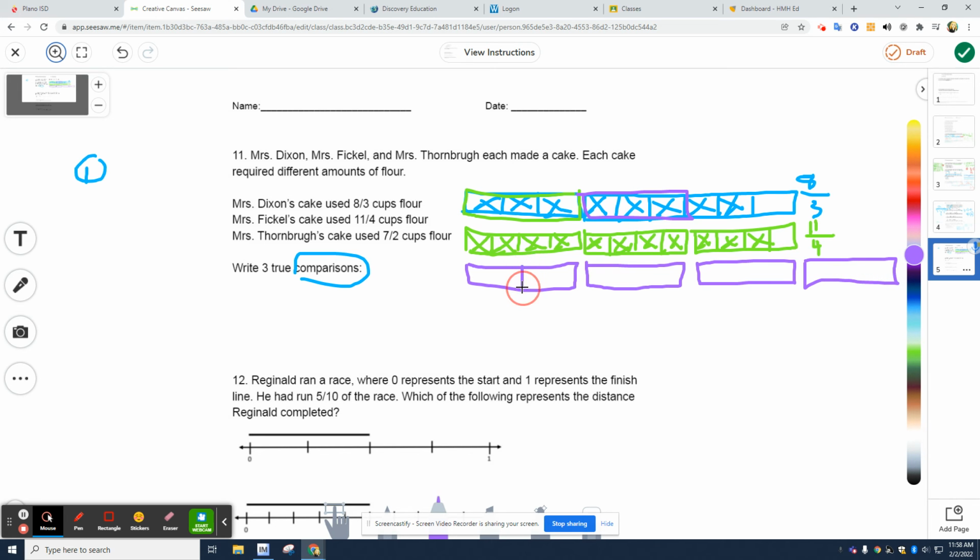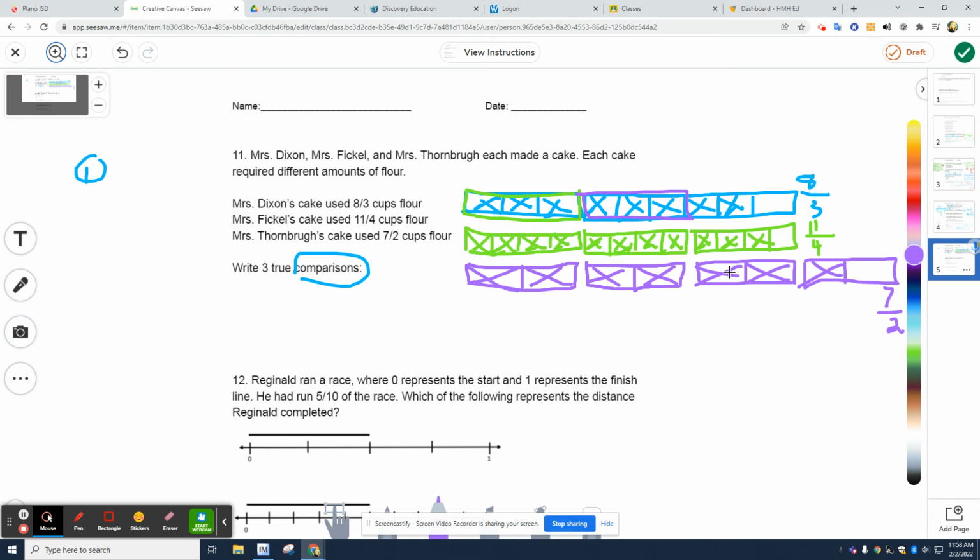I divide these into halves, and then I'm going to mark 7 of them. 2, 3, 4, 5, 6, 7. And I want to label this 7/2. So now I see which one's bigger.